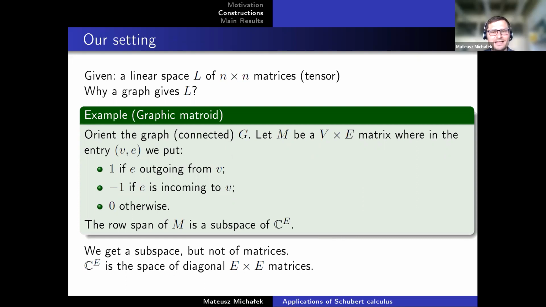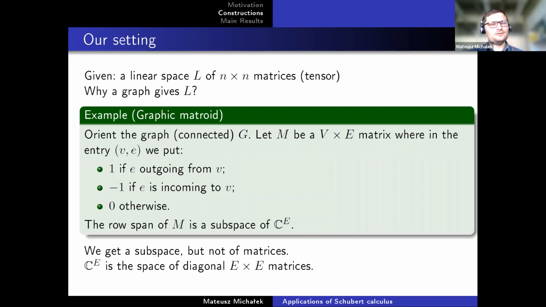So let's say that small n is the number of edges, and I claim that my space C^E is the space of diagonal matrices. And now the row span of M happens to be a subspace of diagonal matrices. And this is what I claim should be given in problem number 1 about the chromatic polynomial of a graph. Any questions on this slide?